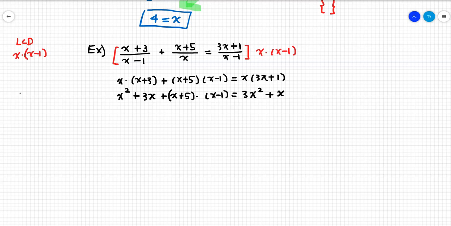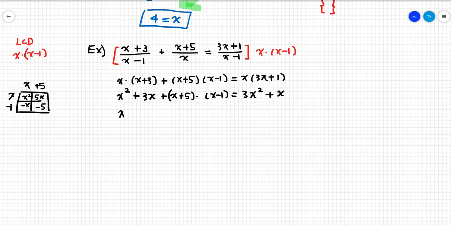So we're going to multiply x plus 5 by x minus 1. Let's just use the box again. So x times x is x squared. 5x minus x, that's the middle term. And then minus 5.